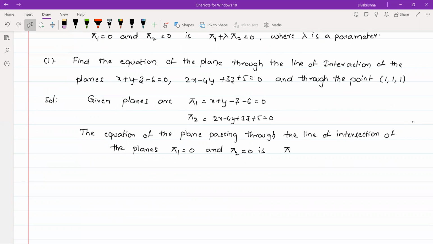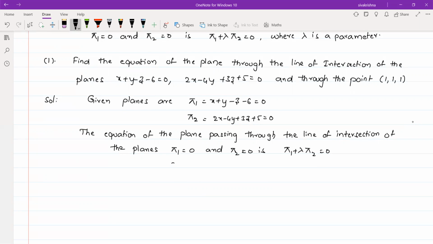We have to write the formula pi1 plus lambda into pi2 is equal to 0. This is the definition we just discussed above. If we want to write the equation of the plane passing through the intersection of two planes, the formula is pi1 plus lambda into pi2 is equal to 0. So we have to substitute the values in this equation.